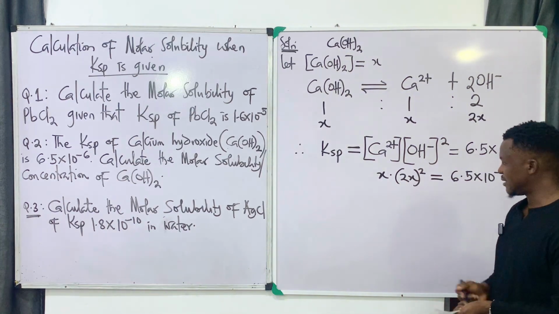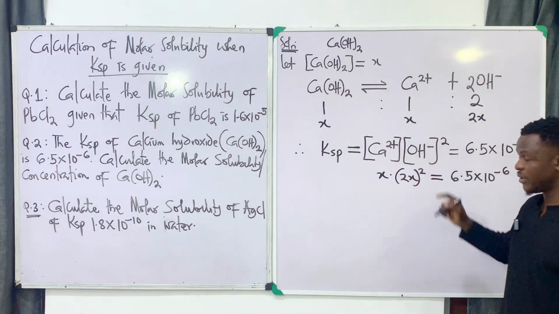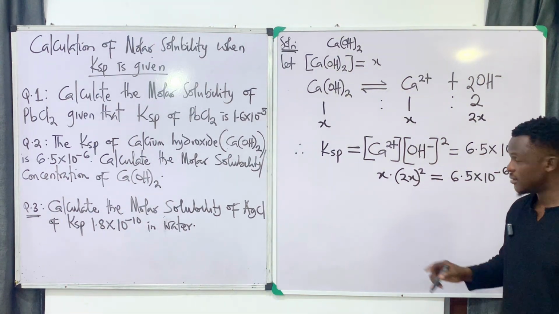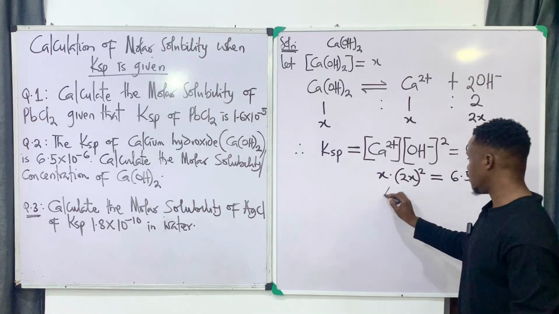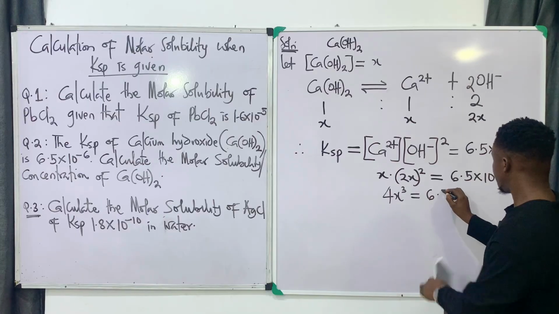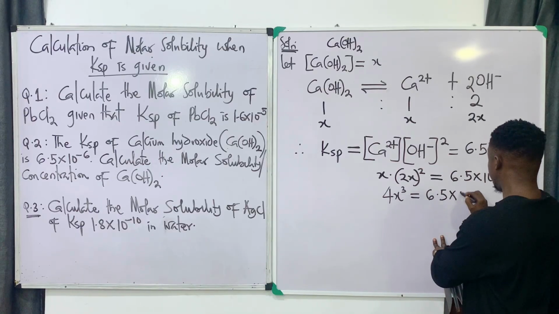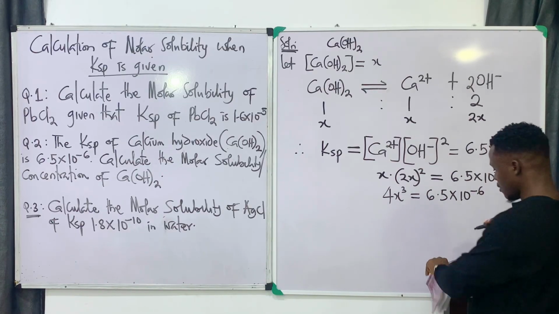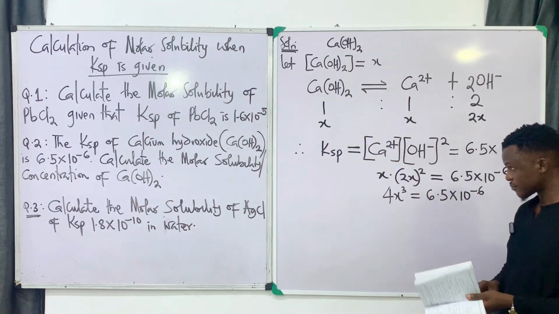So if you evaluate this, (2x) raised to the power of 2 will be 4x squared. 4x squared times x will be 4x cubed equals 6.5 times 10 raised to the power of minus 6.